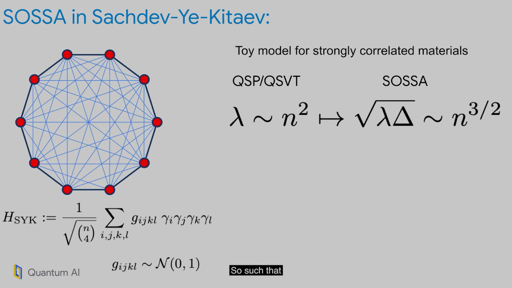So the Sachdev-Ye-Kitaev model is a famous toy model to understand the behavior of strongly correlated materials. It's a toy model, so it doesn't capture all strongly correlated materials, and you shouldn't extrapolate the insights you get from it too broadly.